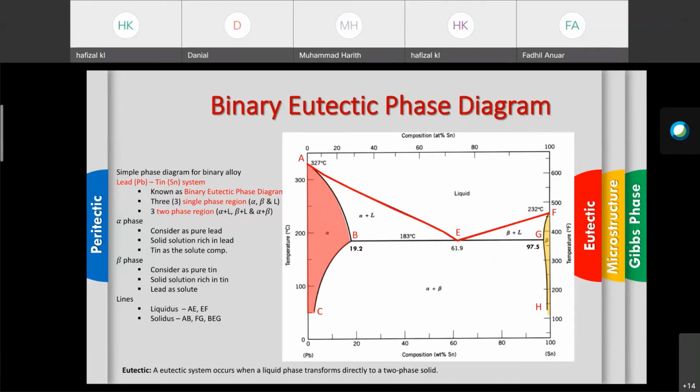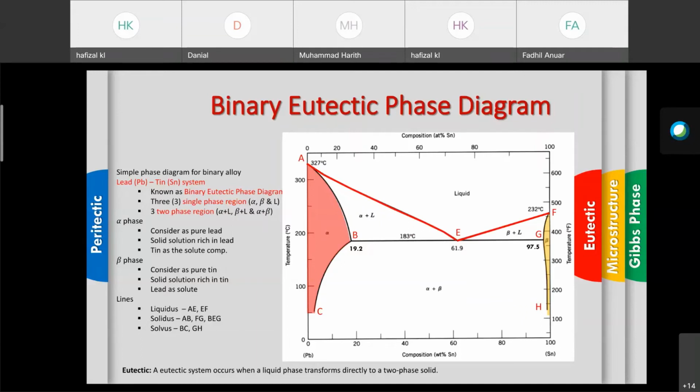In this case we have the line BEG, so we also call it a solidus line. There are three lines in this case, AB, BEG, and FG, which we call solidus lines. And this is a new term for you, because previously you already learned about liquidus and solidus. This one is the solvus line.